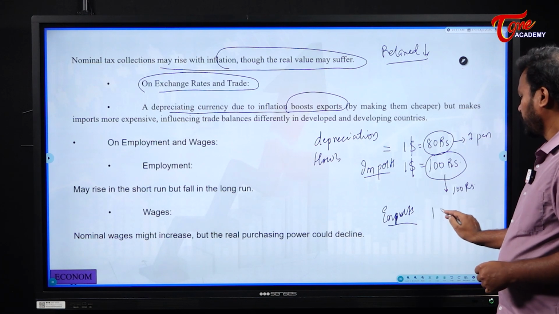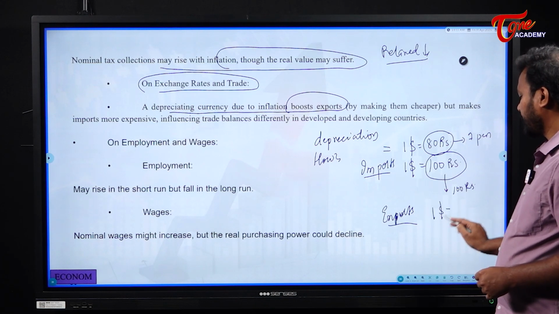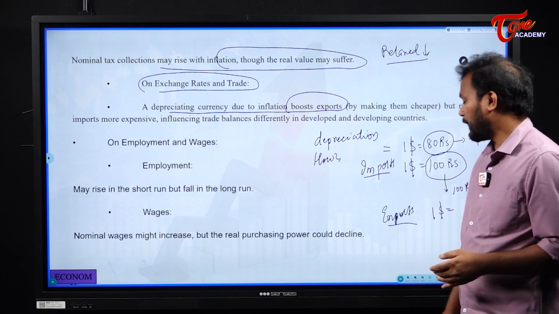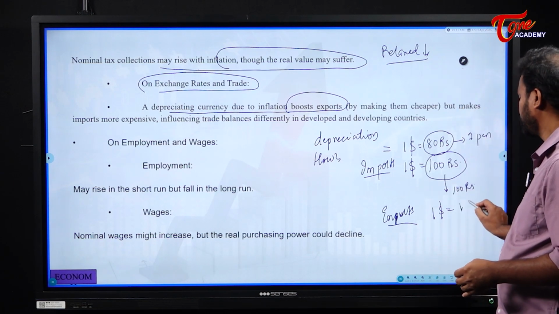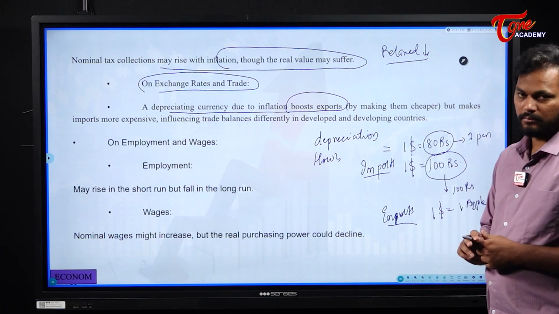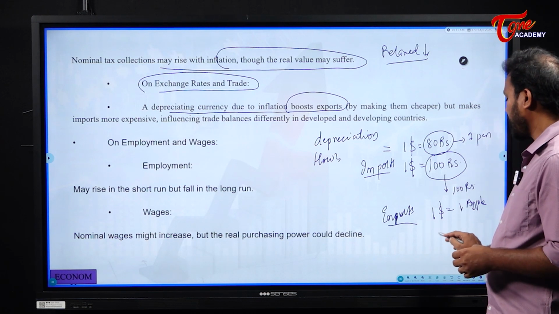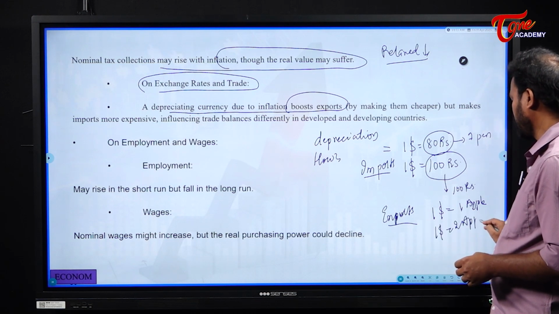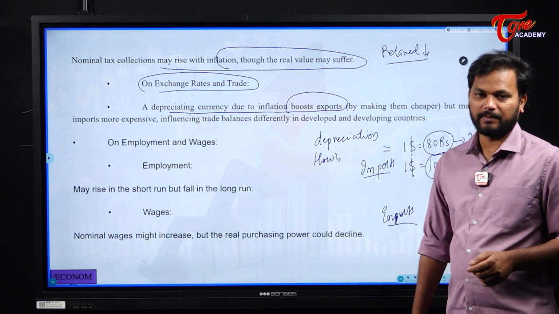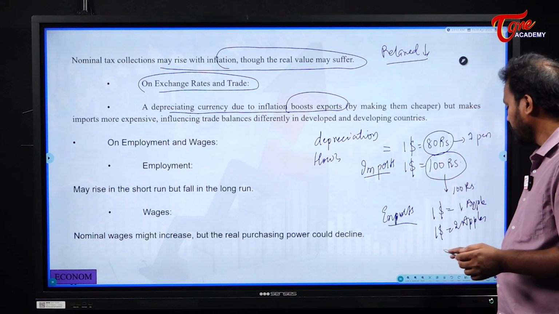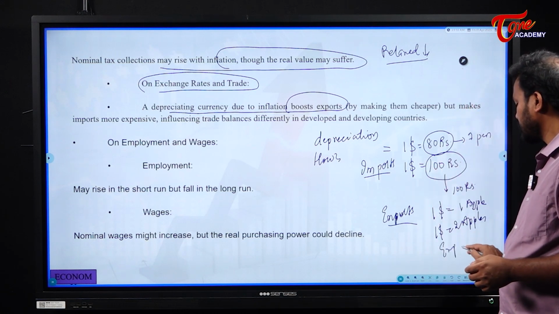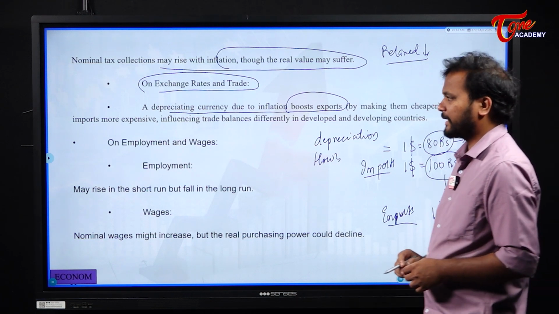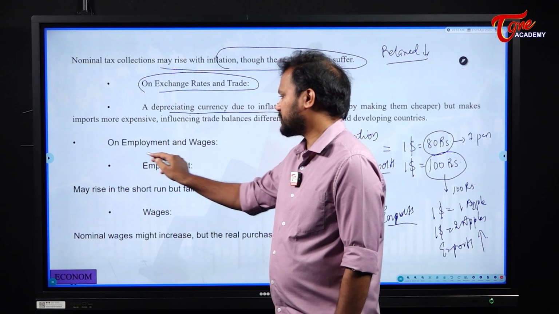For $1, the foreign people were getting one apple. Now for the same $1, they are getting 2 apples because of the currency depreciation. As a consequence, the exports increase. Clear?